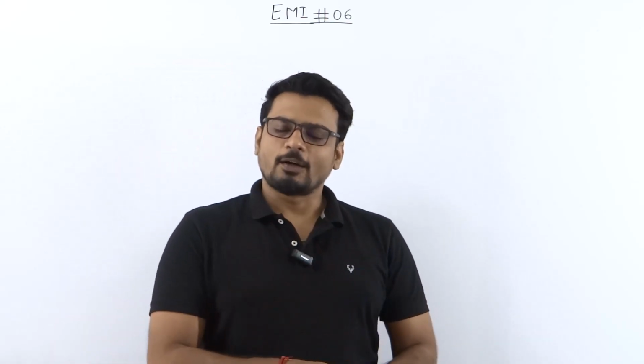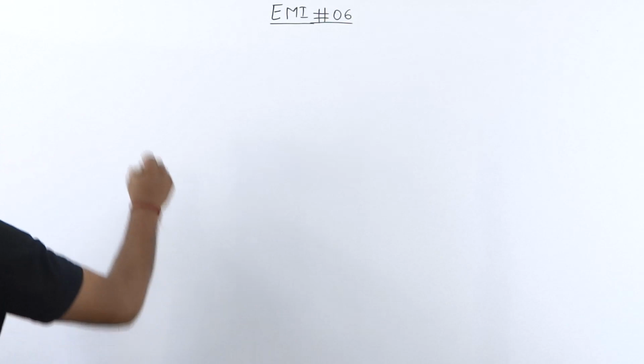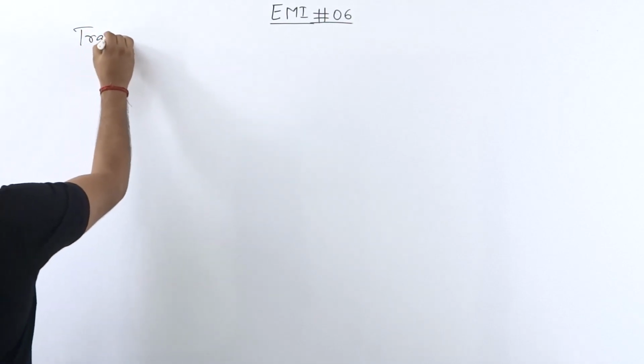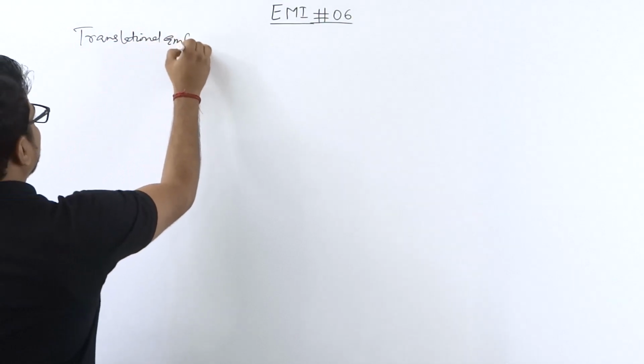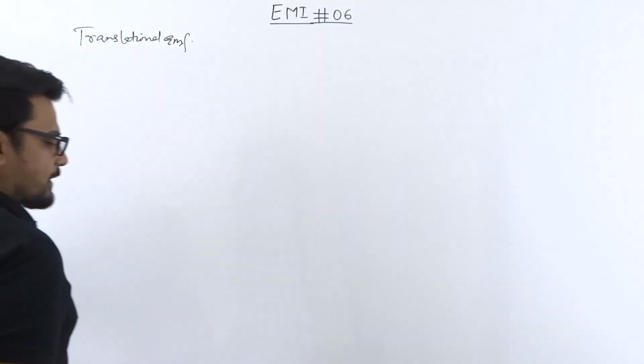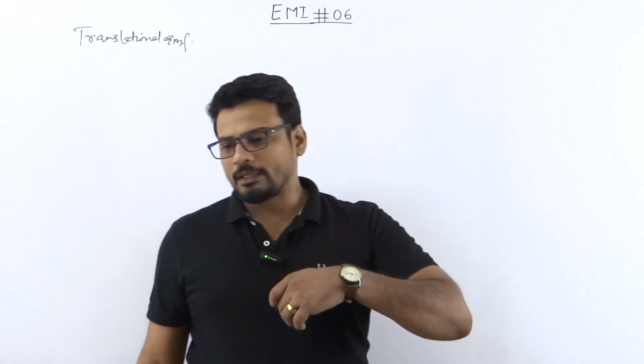So today we are into the sixth video lesson on the EMI, and today's topic is going to be the translational EMF. As the name suggests, this is about the EMF which would be induced because of motion.